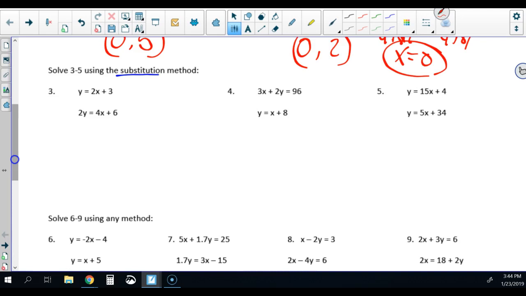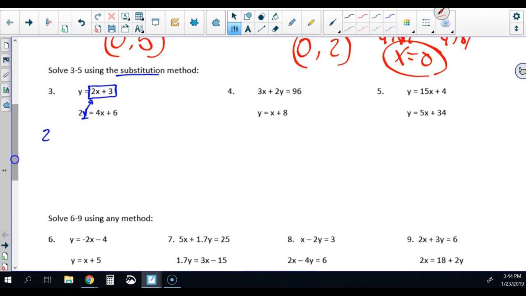On number 3, we have y equals 2x plus 3 and 2y equals 4x plus 6. I'm going to go with this here. This is y, 2x plus 3. Anywhere else I see y, like down there, I can take out that y and replace it with what y is equal to, which is that right there.